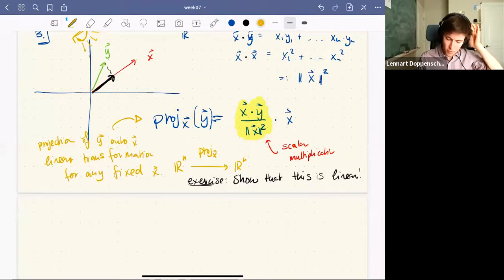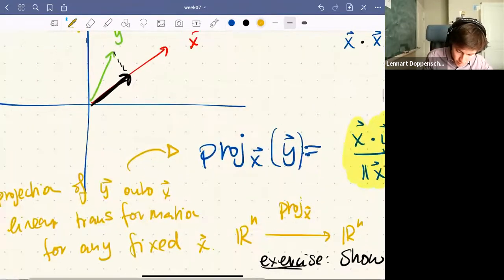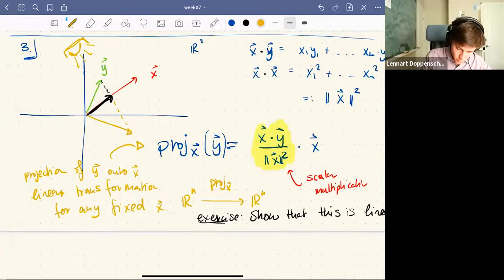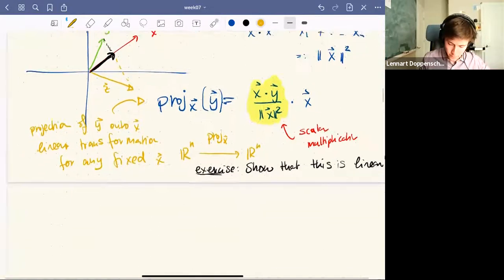Similar to before, if you have two different vectors, they might project to the same thing. So you might have a different vector that's here, and it might also be projecting to the same thing. This might be the vector z.